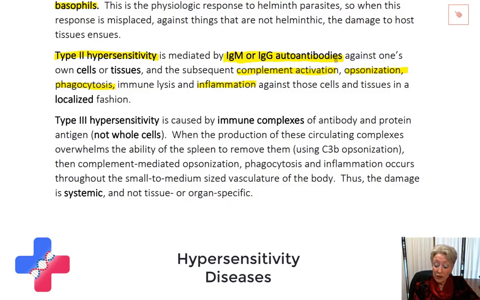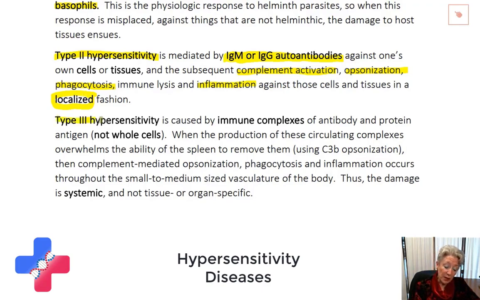Notice all of these are autoimmune, and all of them will manifest an expression that is localized in nature because of the fact that the antibody is specific for a particular cell. The place where I see the damage is going to be wherever that cell resides.